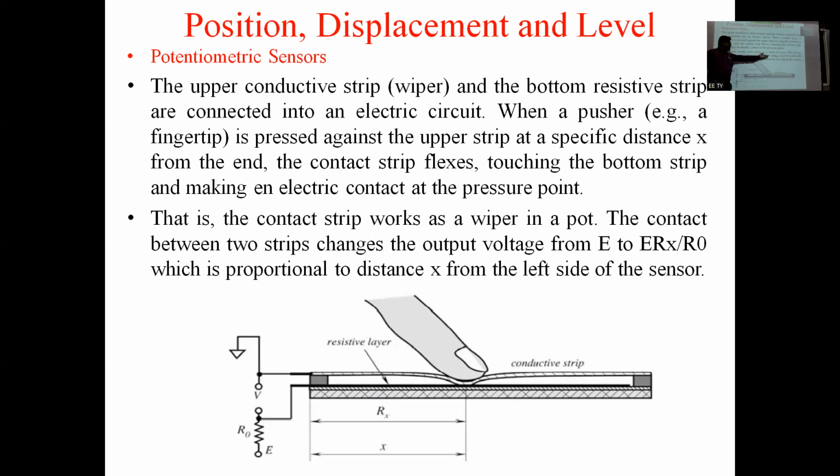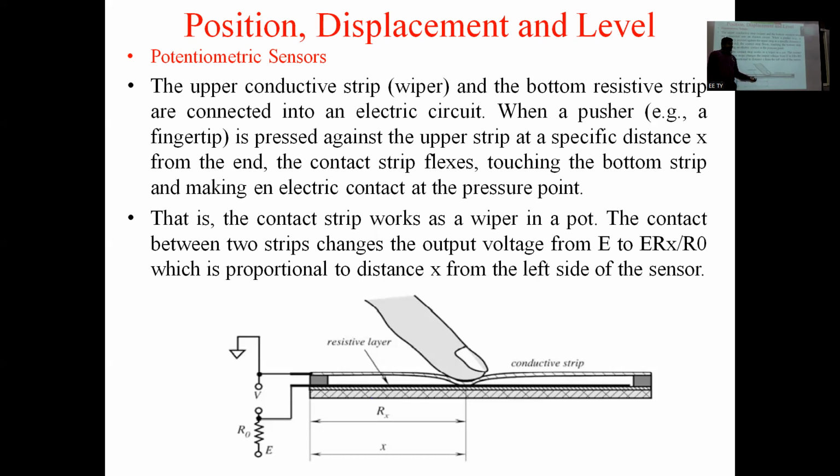So there is a change in output voltage from E to ERS divided by R0, which is proportional to the distance x from the left side of the sensor. It depends upon this distance, or the length of that resistive wire. या resistive wire ची length याच्यावरती proportional आहे. कुठं टच झालेलं आहे या length वरून त्याचा resistance depend राहील, because R is directly proportional to L, right?